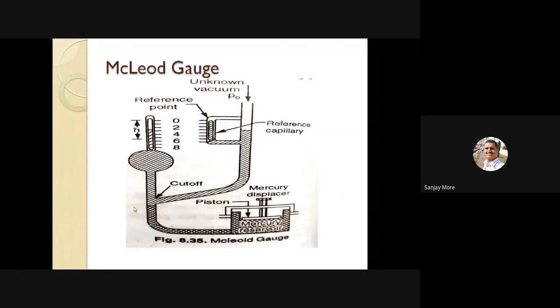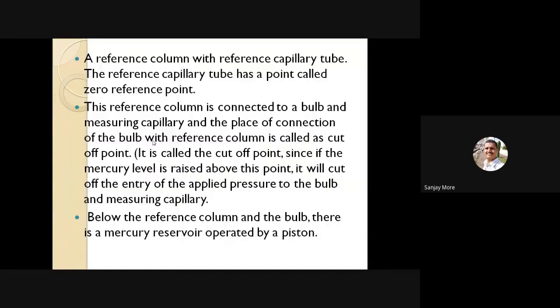Here unknown air, unknown vacuum is present. Then when applying force on the piston, this unknown vacuum gets compressed, and this compressed vacuum creates some pressure, and this pressure indicates the reading on this height with the help of the height.